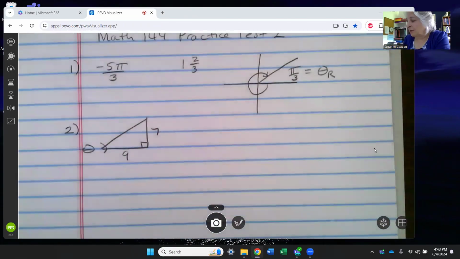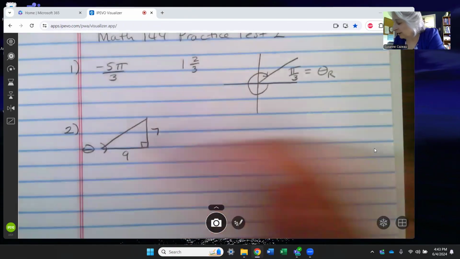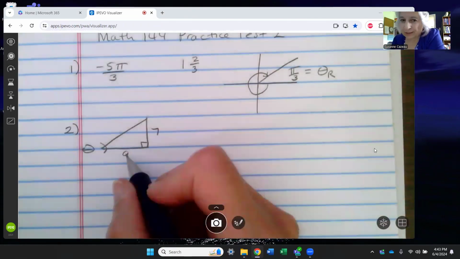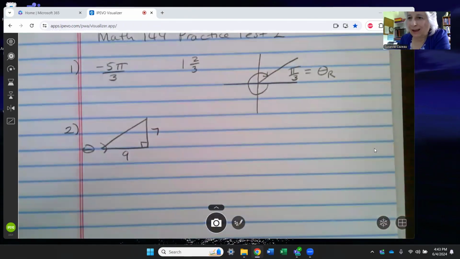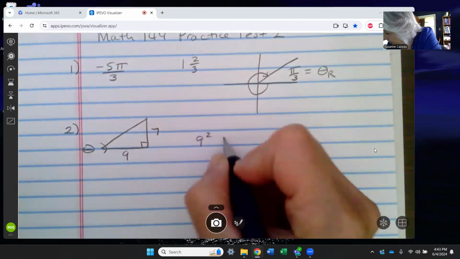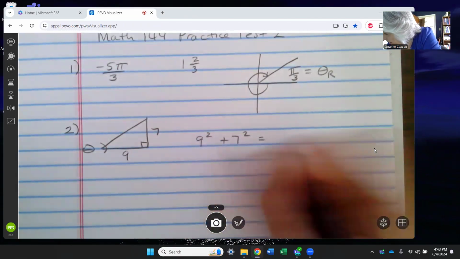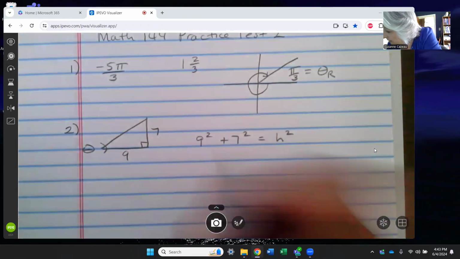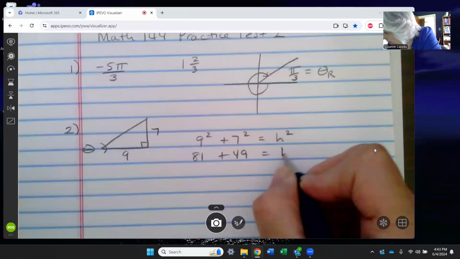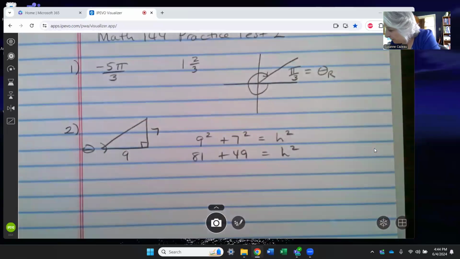All right, well, we just need to use the Pythagorean theorem to get that third side. Now we can't reduce it. 9 and 7 don't have any common factors, so we're just going to have to go and do it. 9 squared plus 7 squared is the hypotenuse squared. 81 plus 49 is the hypotenuse squared. And what is that?